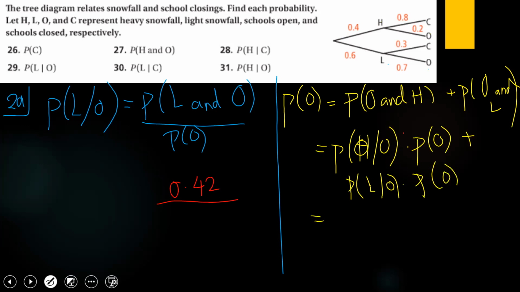Exactly. Now what is the probability of heavy given O, or H given O? Teacher, is it O given H? Yeah, we need to find that, don't we?